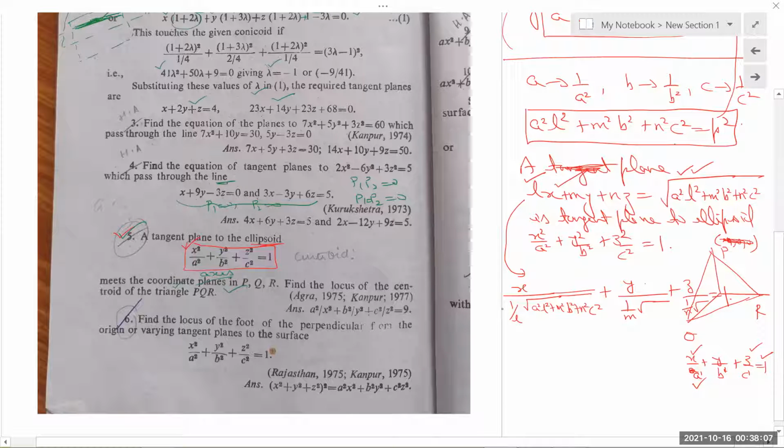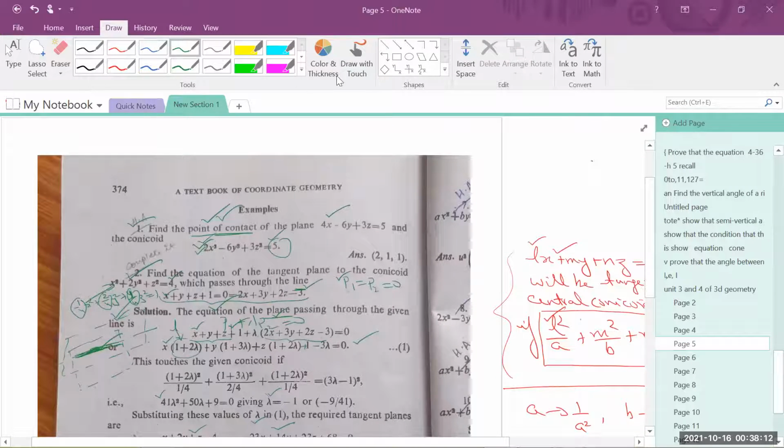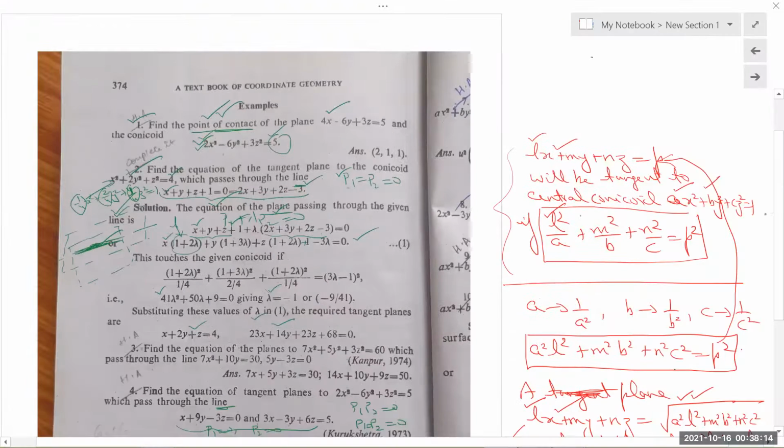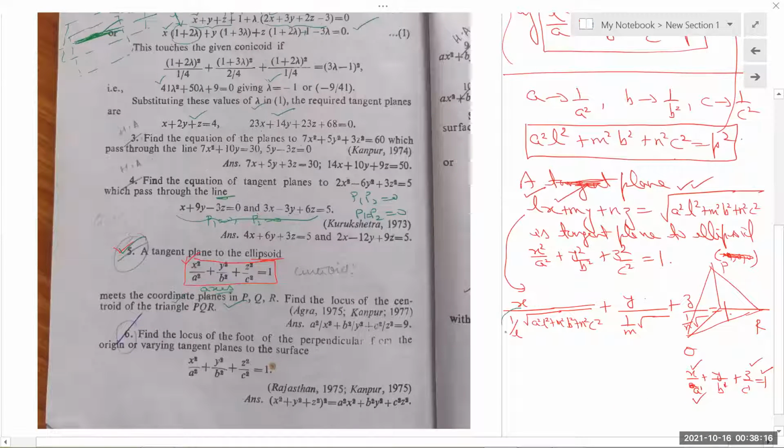So you can see that the intercept made on the x-axis is this one. So I can write the coordinates of P as 1 upon L under root A square L square plus M square B square plus N square C square, comma 0, comma 0, because we are looking at the intercept on the x-axis, so y and z will be 0.